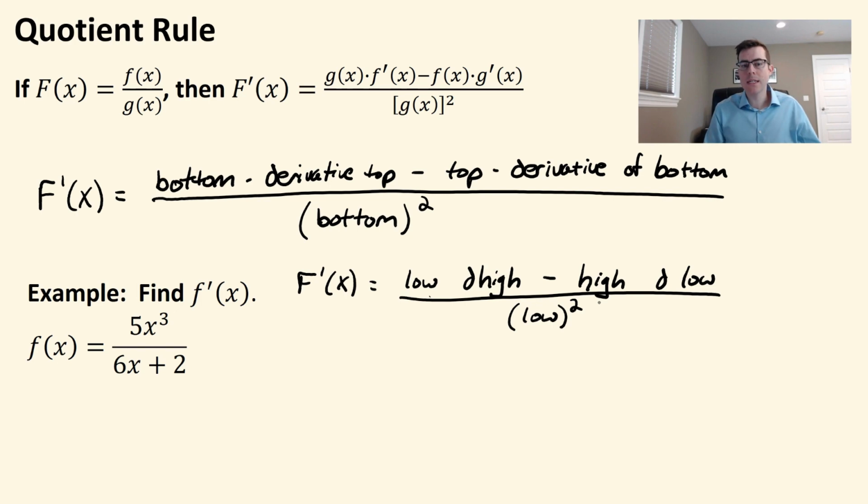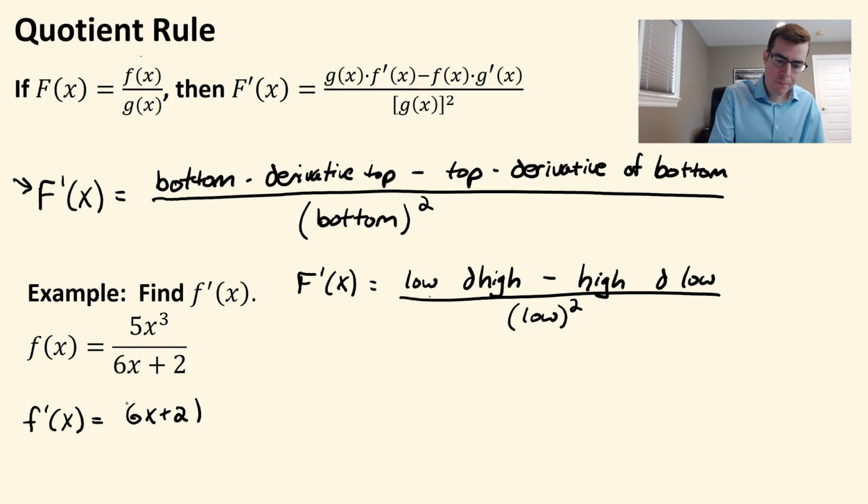And let's take a look at an example of how we're going to do this. Okay, so we have our function, f of x is 5x cubed over 6x plus 2. So our top part is that f of x up here, and our bottom part is that g of x. So when we're taking the derivative of this, I'm going to use what I usually use: the bottom, 6x plus 2, times the derivative of the top.